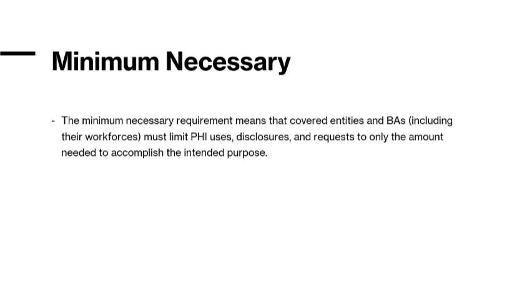Essentially, it means that the covered entity or BA, the business associate, including their workforces, must limit PHI uses, disclosures, and requests to only the amount needed to accomplish the intended purpose.